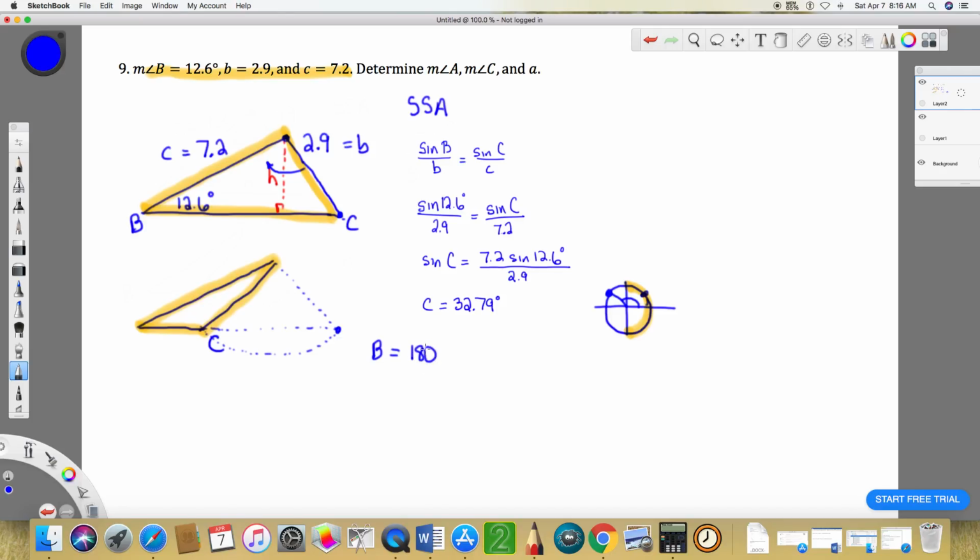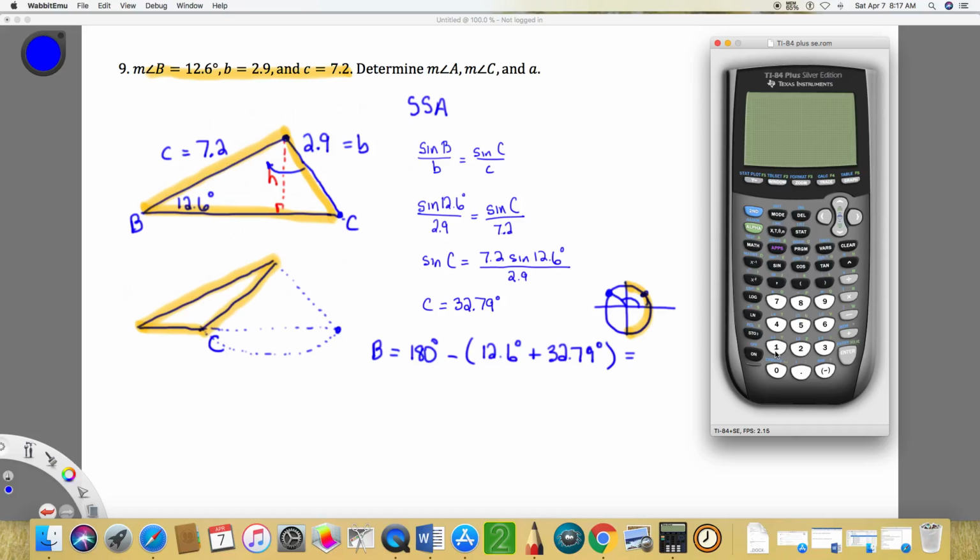So if we take 180 minus the sum of the given angle, 12.6, and the angle that we just found, the 32.79, we have that triangle angle sum theorem that says, hey, the angles inside of a triangle always add up to 180.